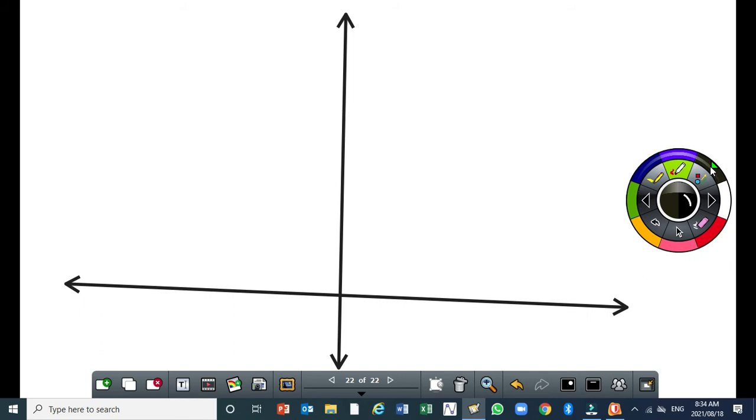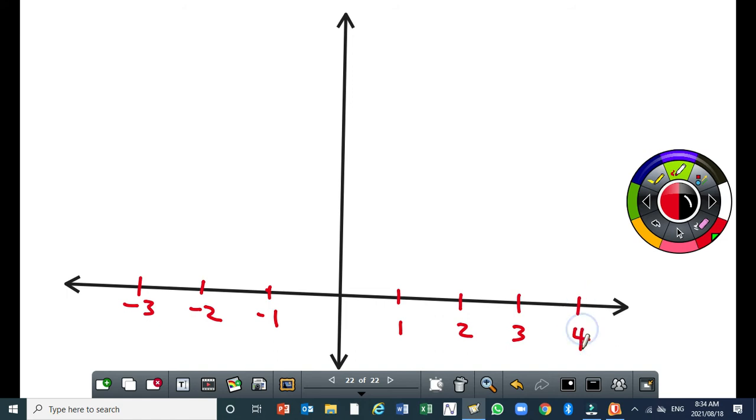Okay, so I've got x equal to negative, so if I say here -1, you must use the ruler. Okay, you can put 4 here, but I'm not gonna include 4.